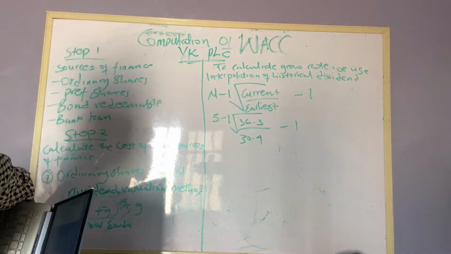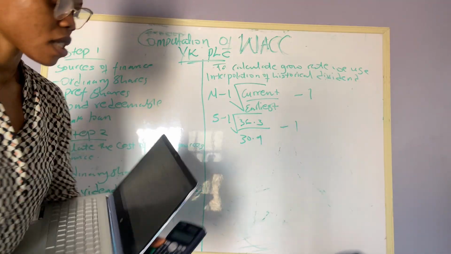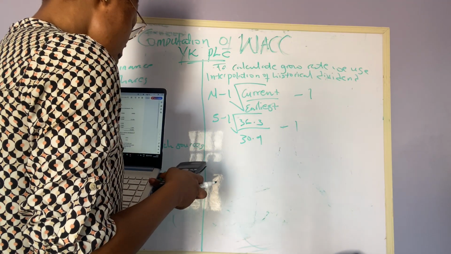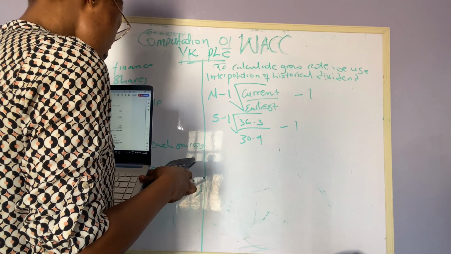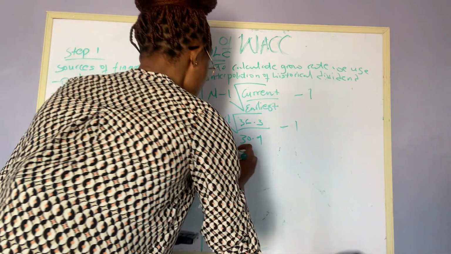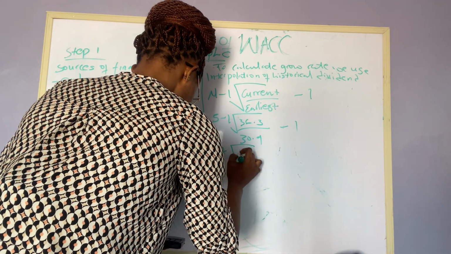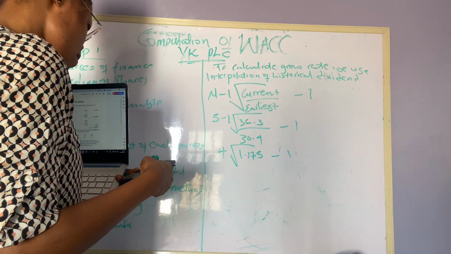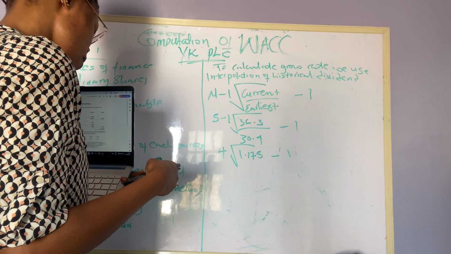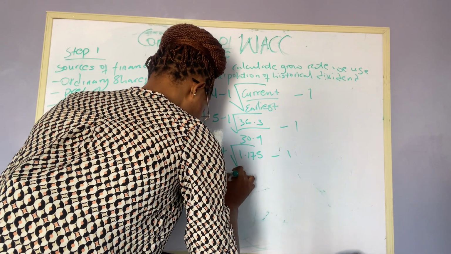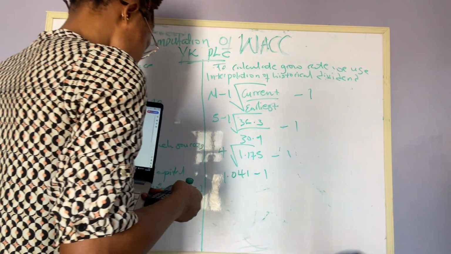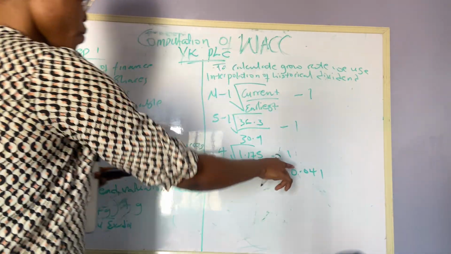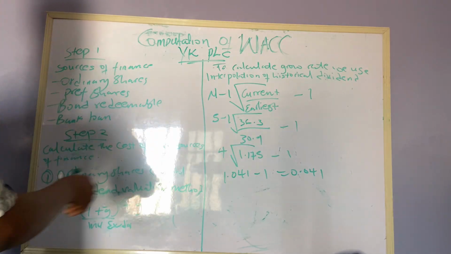This is what we solved yesterday. So we say 36.3 divided by 30.9, we have the 4th root of 1.175, minus 1. We now say 1.041 minus 1, so we have 0.041. That's the growth rate.